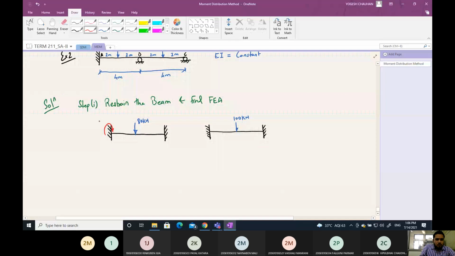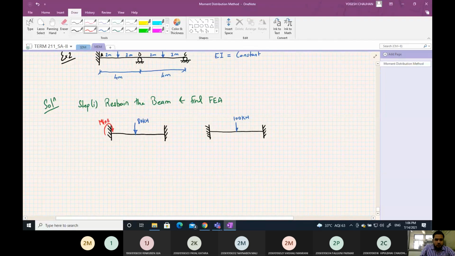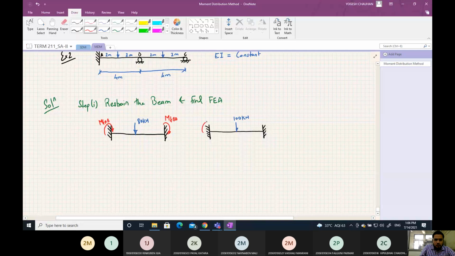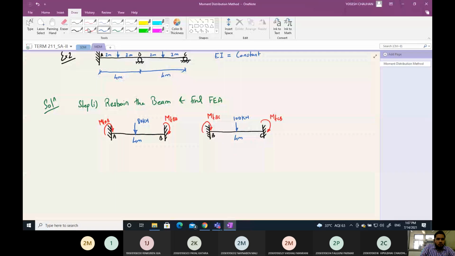Let this be MF AB, this be MF BA, this be MF BC, and this be MF CB. This is A, this is B, D, and C. This is 4 meter, 4 meter.